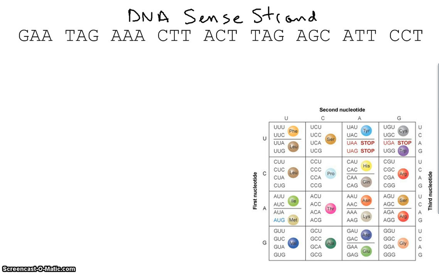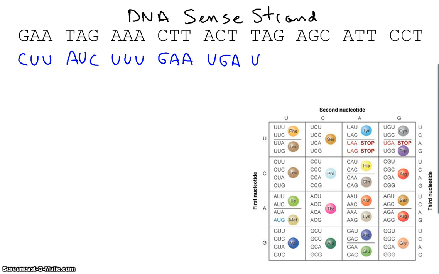So G becomes C, A would become T, but it's RNA, so U, T becomes A, G becomes C, A becomes U, G, A, U, T, excuse me. Let's go back one there.